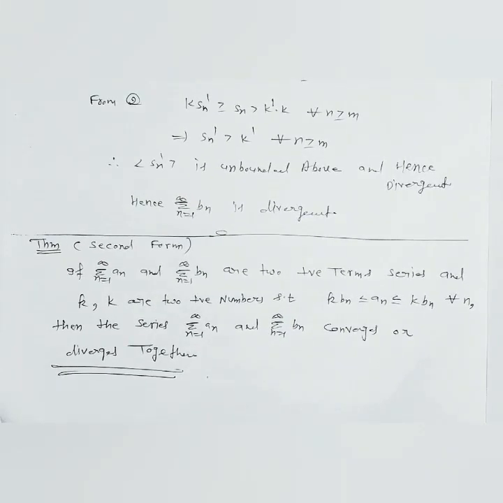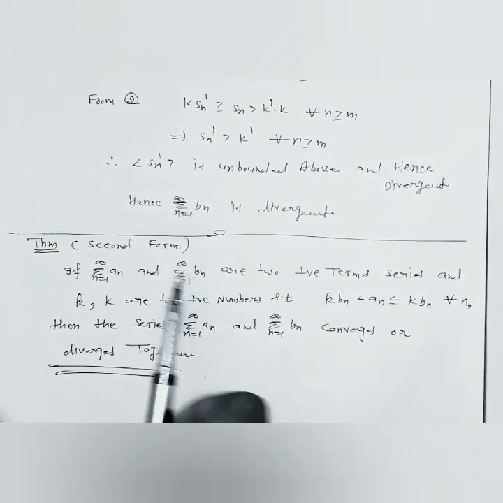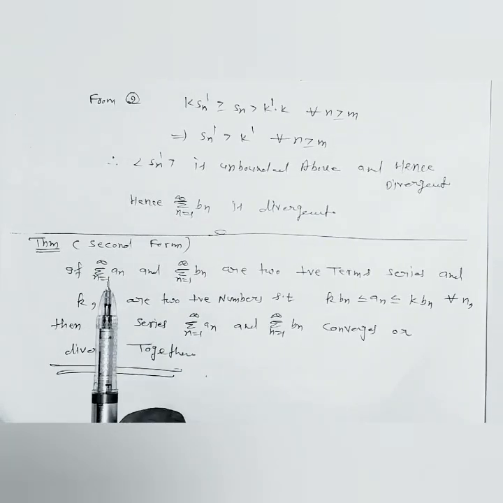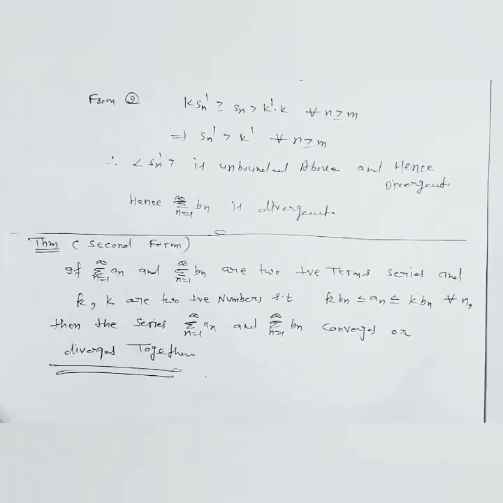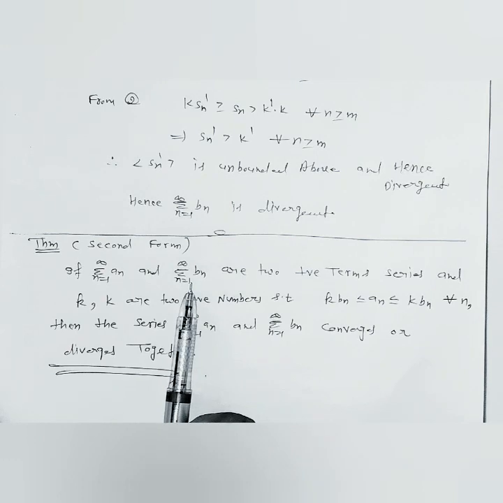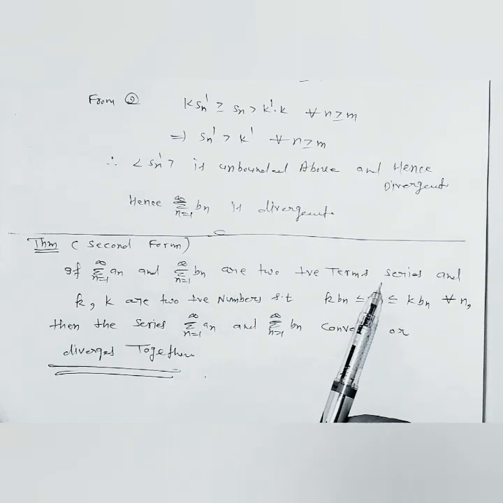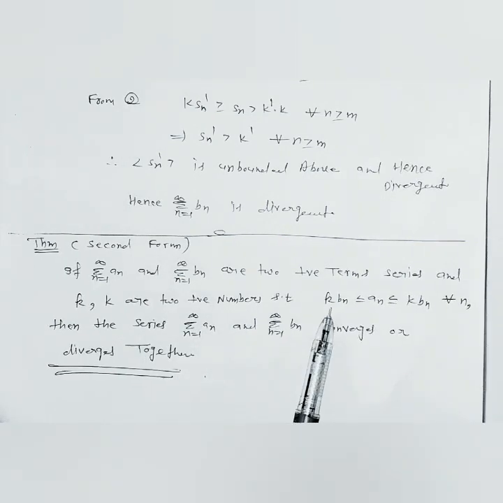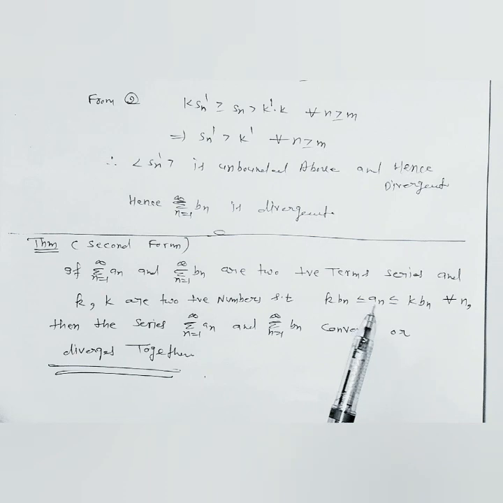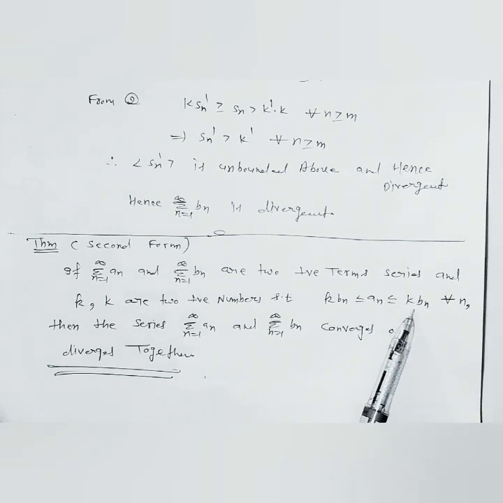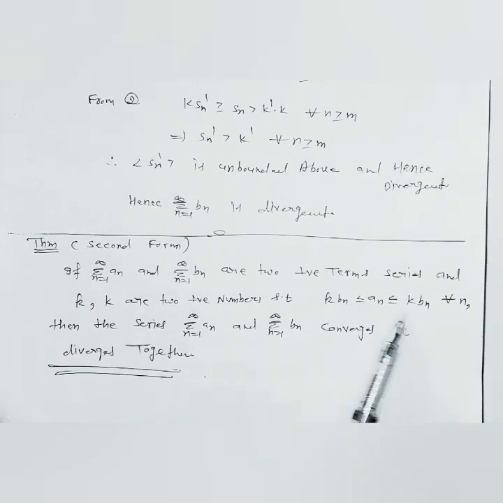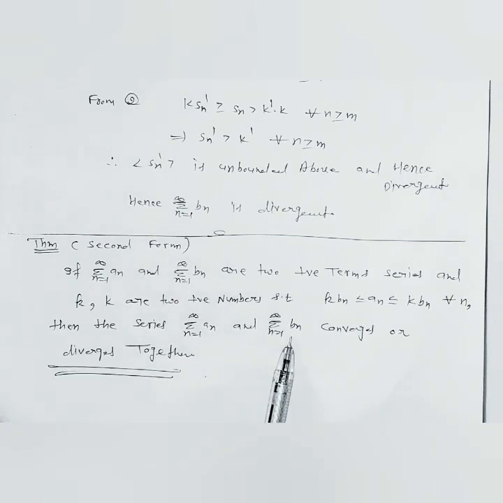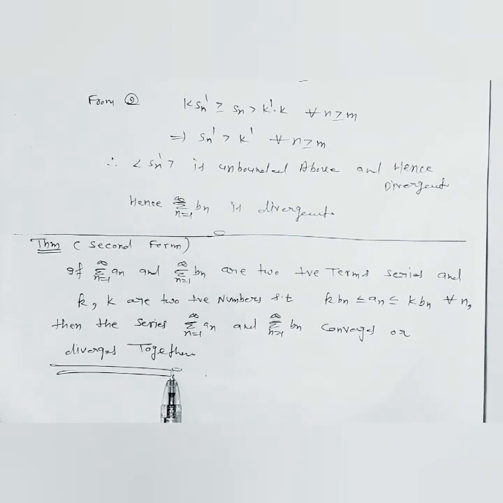Now we discuss the second comparison test. In the second comparison test, if summation n equals 1 to infinity an and summation n equals 1 to infinity bn are two positive term series, and small k and capital K are two positive numbers such that k times bn is less than or equal to an is less than or equal to capital K times bn for all n, then the series an and bn converge or diverge together.